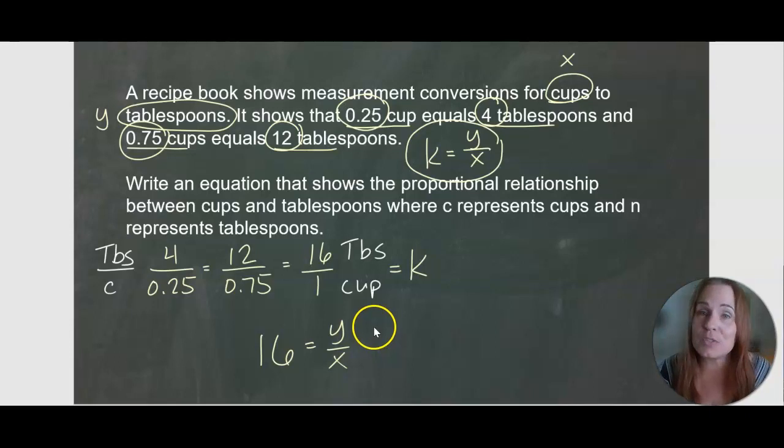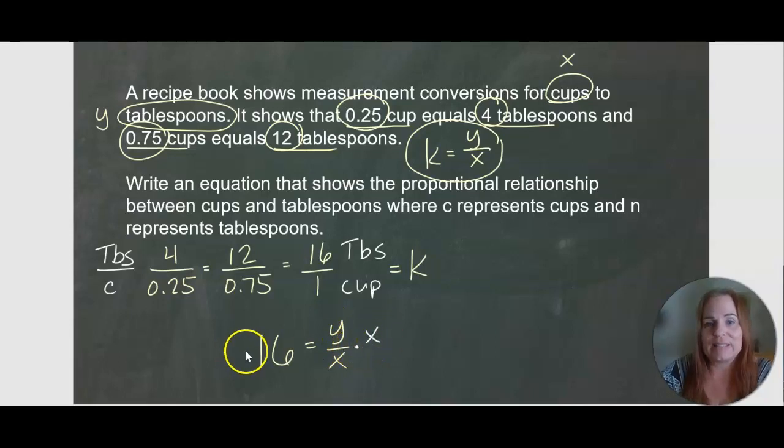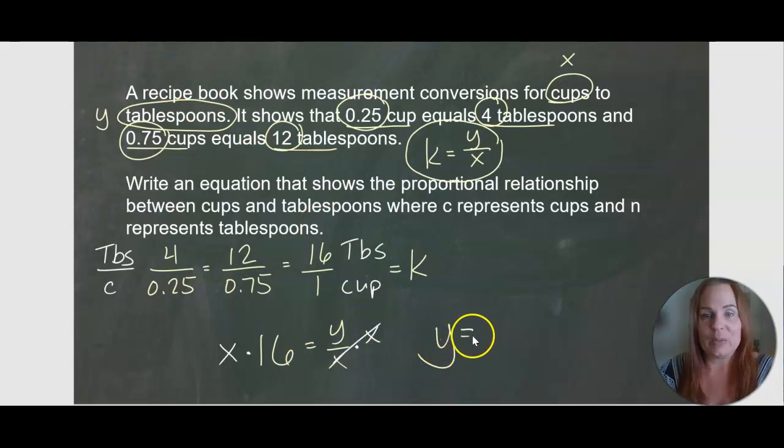Just like we did with solving equations, when we see that the variable is being divided by x, the way to undo that is to multiply by x. So I'm going to multiply by x on both sides, and I'm going to get y equals 16x.